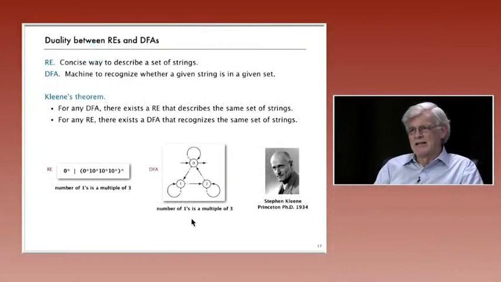And so that's a machine. You start it up on a start state with a string, and it reads all the characters in the string. And then if it ends up in a so-called terminal state, indicated by this exit arrow in this example, you say that it recognizes the string, and the machine recognizes a set of strings. And so that's a way to determine if a given string is in a specified set.